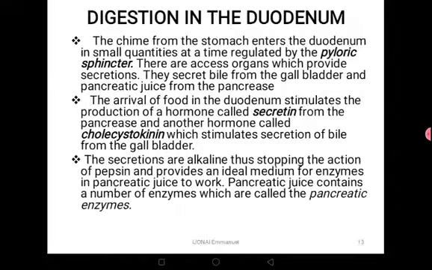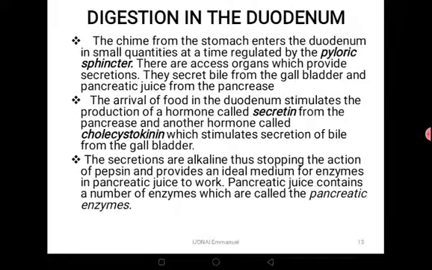So let's move to digestion in the duodenum. The word chyme, I told you in most books, and correctly should be chyme. The chyme from the stomach enters the duodenum. The chyme is the semi-solid, semi-fluid food, which is now ready for digestion.